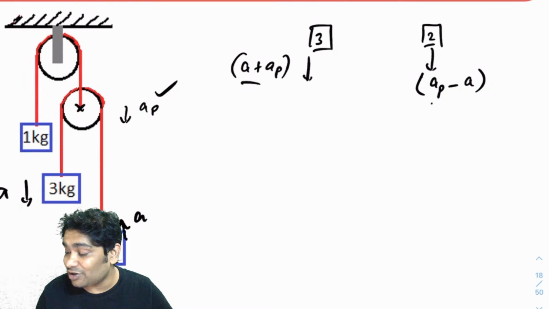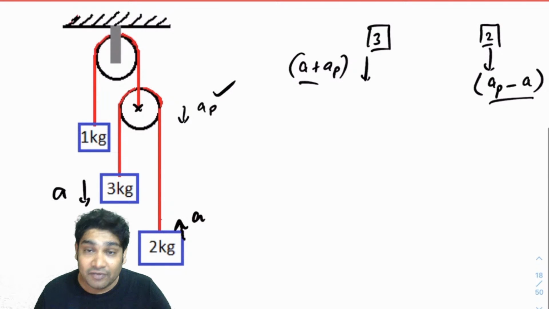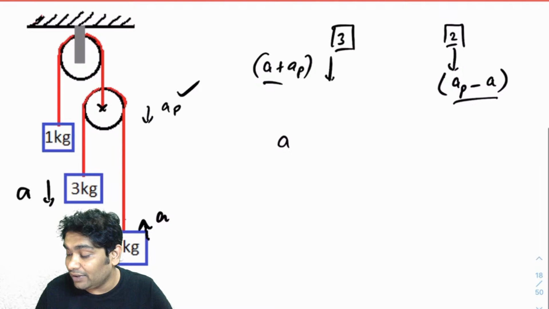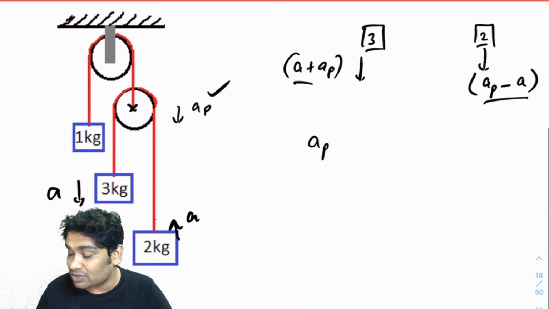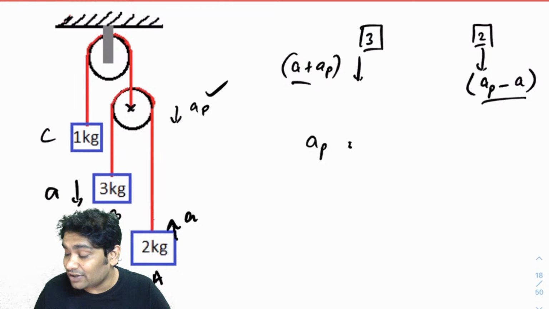That the acceleration of the pulley is the average of both these. So remember that whenever you have a situation like this, whenever there is a pulley from which two masses are hanging, the acceleration of the pulley... let's call this A, let's call this B, and let's call this C. So the acceleration of the pulley would be the acceleration of A plus the acceleration of B over 2.